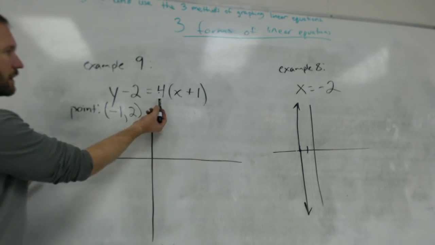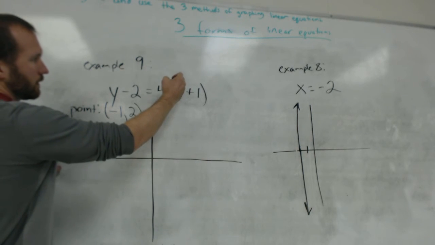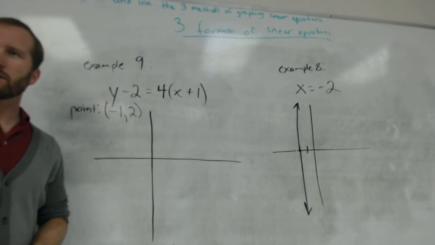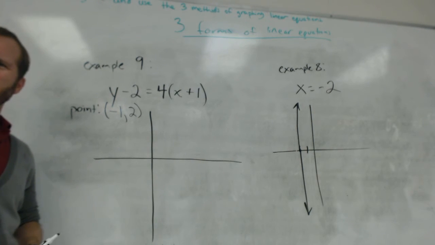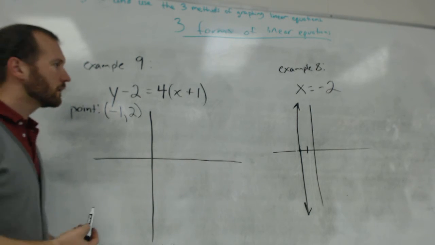And now what's my slope? The slope is 4. If I wanted to make 4 into a fraction, how would I do that? 4 over 1.